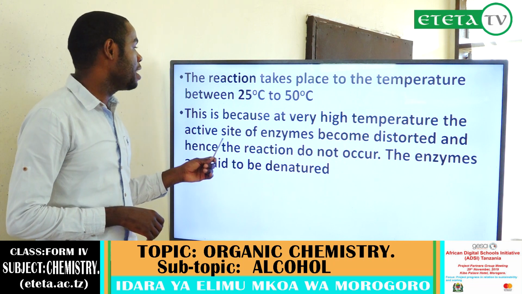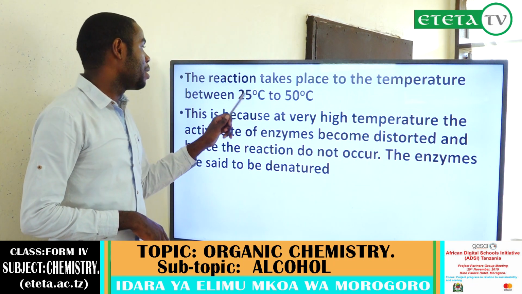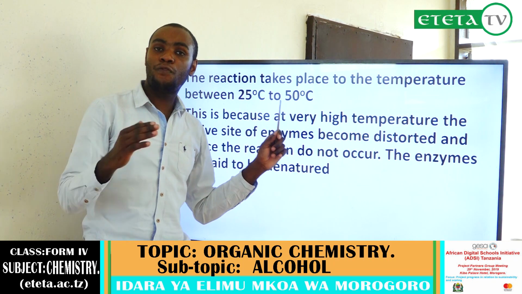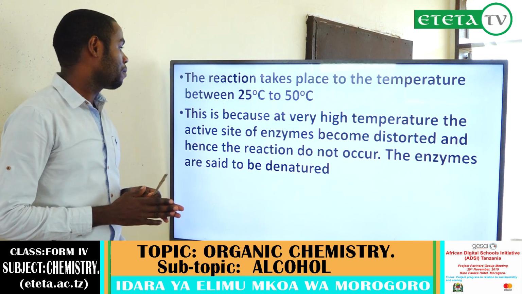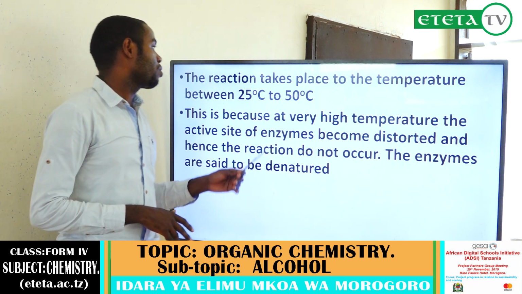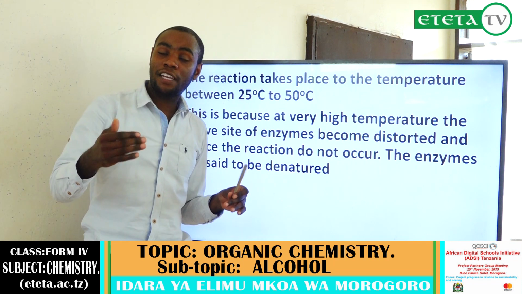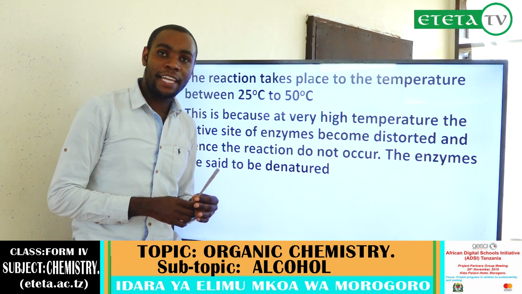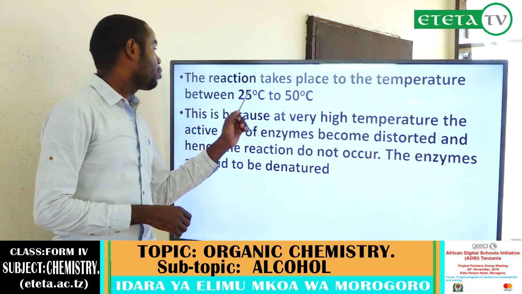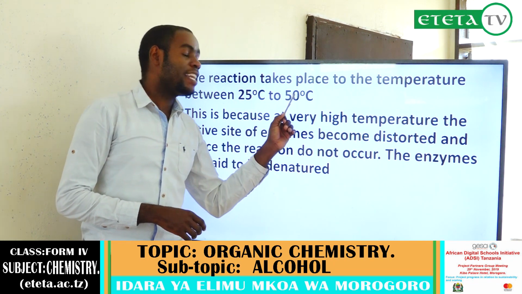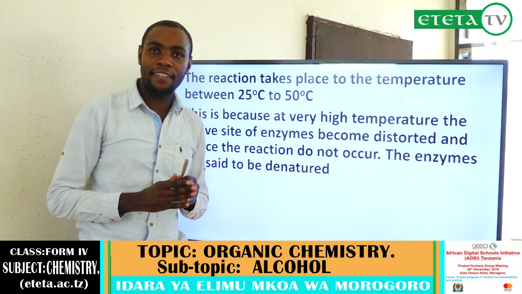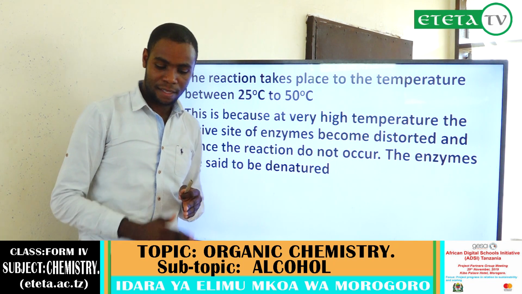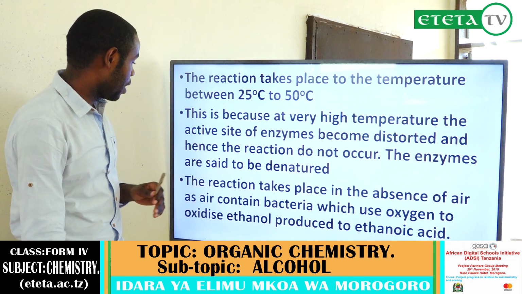So the enzyme needs a temperature between 25 and 50 degrees centigrade, and that's why even during the preparation of ethanol, this temperature is required for the zymase to work.